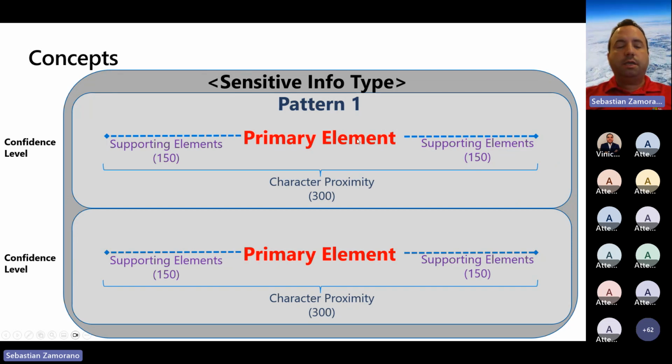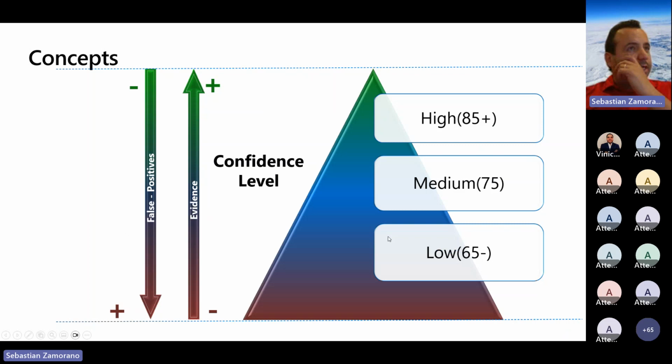For the built-in credit card number sensitive info type, we have as a primary element the credit card number. When it is set to high confidence, we are also looking for branding, CVV keywords, and the function for expiration date. But if we set the sensitive info type to low confidence, we will look only for the primary element, that is the credit card number. What happens?